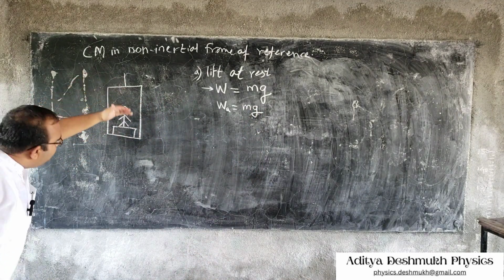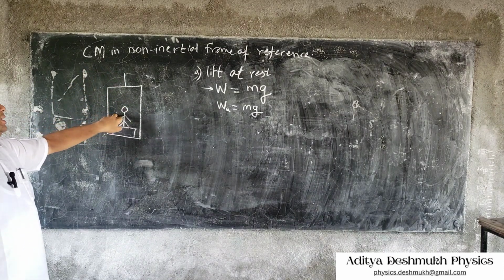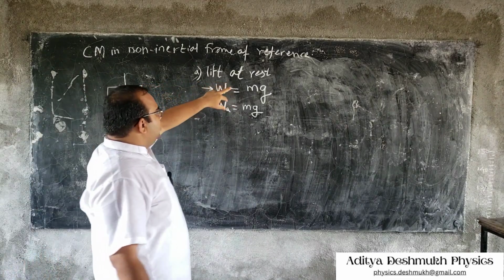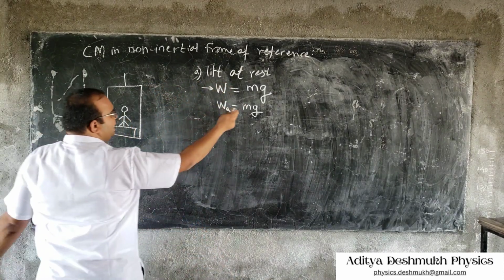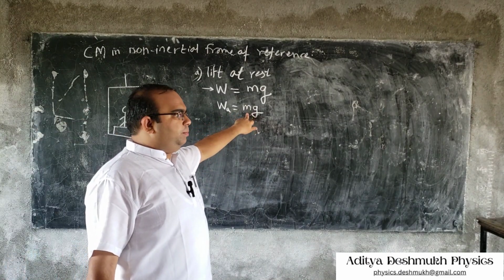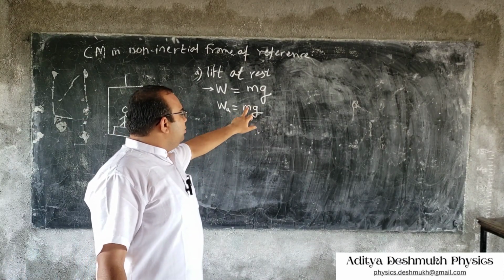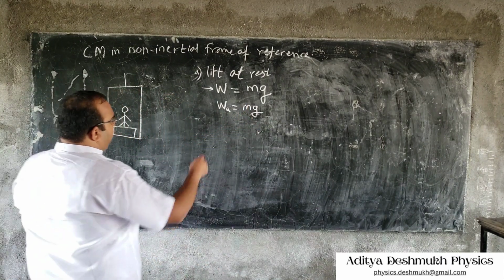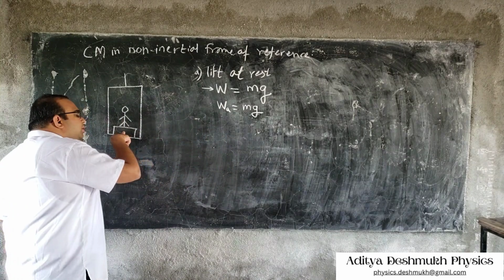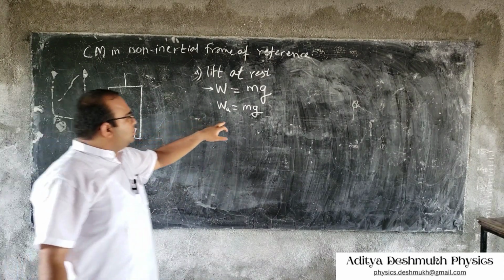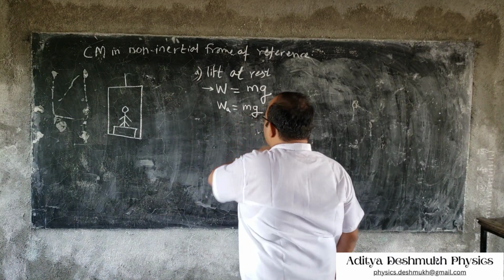So for the person inside, in his frame of reference the lift is at rest. So we can apply Newton's second law of motion directly and find out his weight. This apparent weight means what the weighing scale will show.